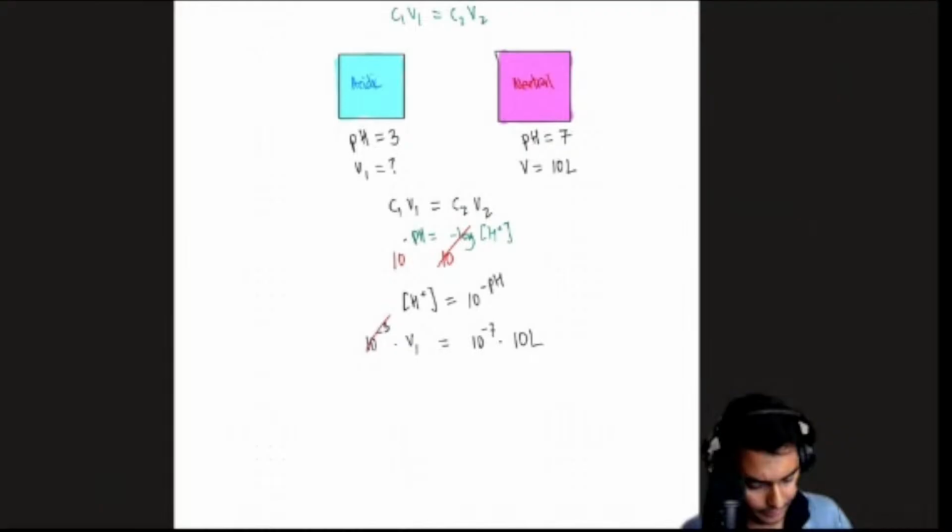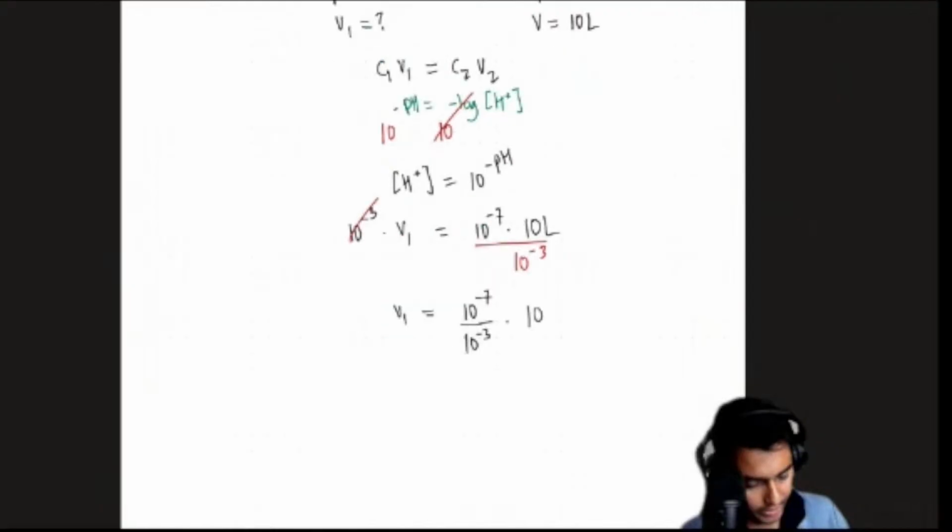Now at this point, yes, you can use your calculators because you will usually be allowed to use calculators on exams. But let's just do a little bit of math. V1 is going to be extremely large.